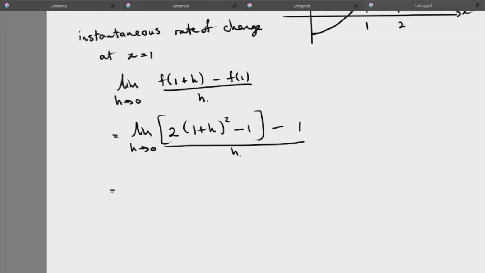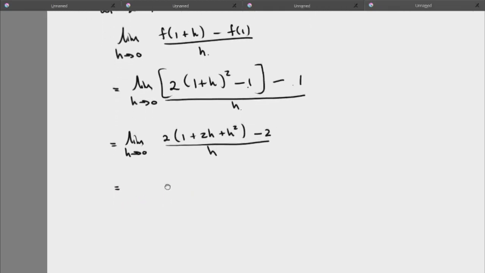Now I will simplify. I'll do not too much in one go. The (1 plus h) everything squared is the first one squared, the product of the 2 times 2, second one squared. This minus 1 and that minus 1 is minus 2, all over h. Let's get it in the last couple of minutes we have left.